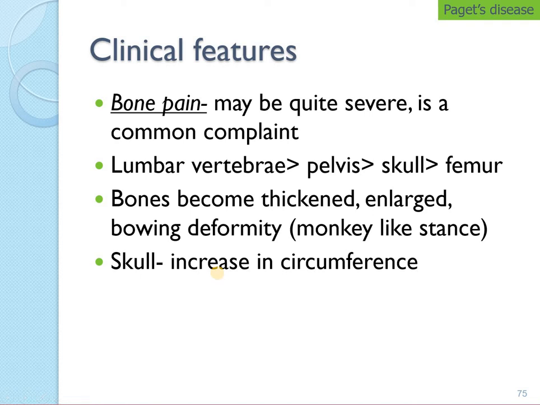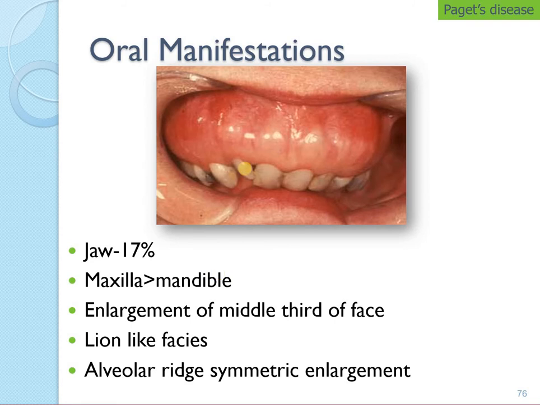From the perspective of the dentist, they may have to constantly change the denture because the jaws constantly enlarge. The middle third of the face gets enlarged, giving rise to a lion-like face, and there is asymmetry in the jaw. 17% of cases of Paget's disease show involvement of the jaws, and the maxilla is more likely involved than the mandible.